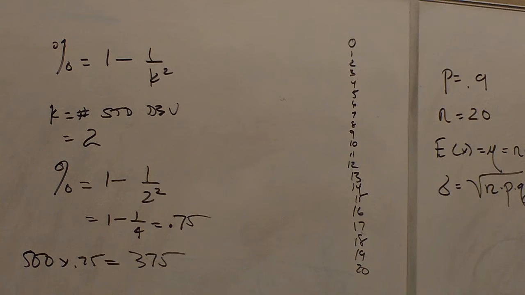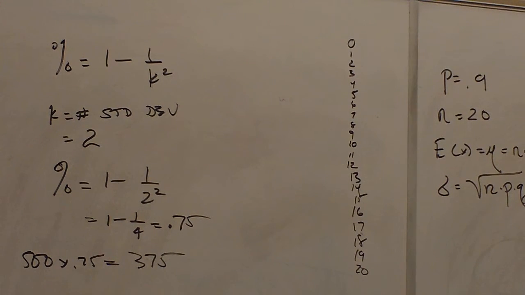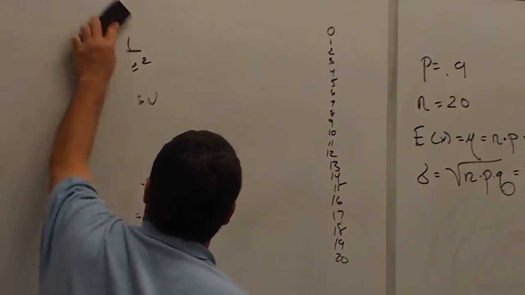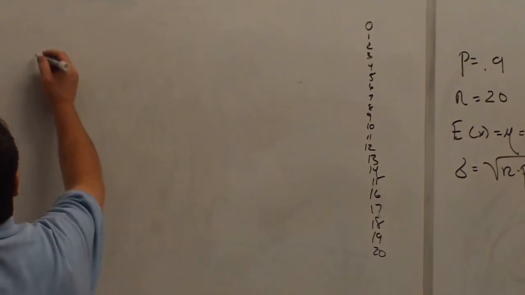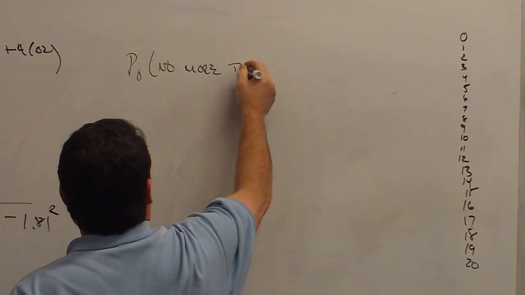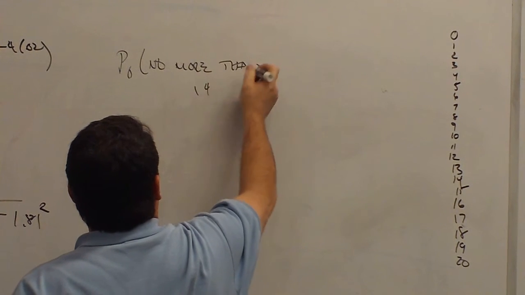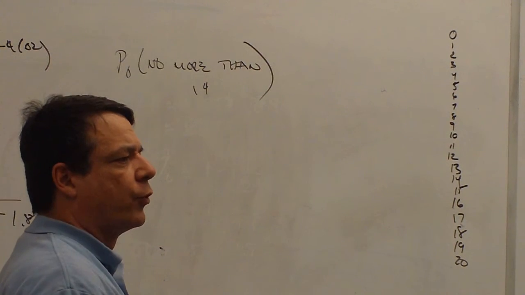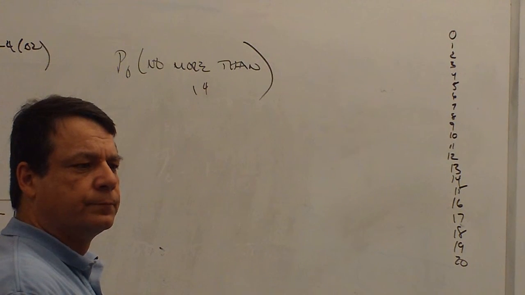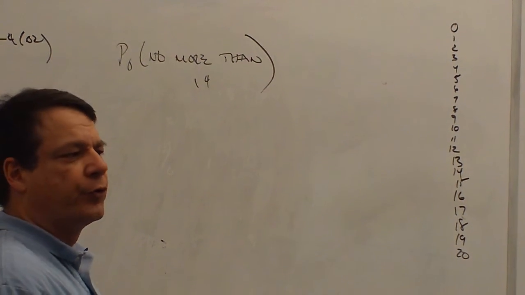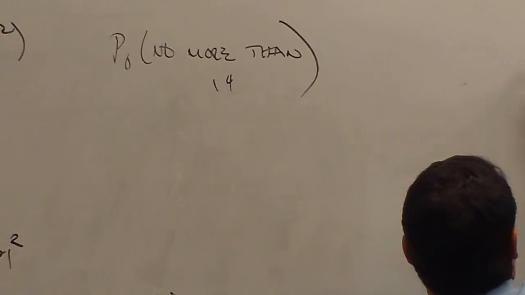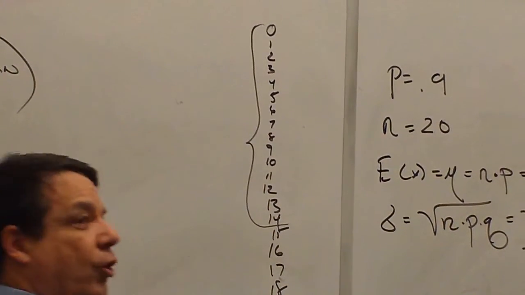So what's the probability that no more than 14? Would 0 be no more than 14? Yes. 1 is no more than 14. So all of these would be no more than 14.